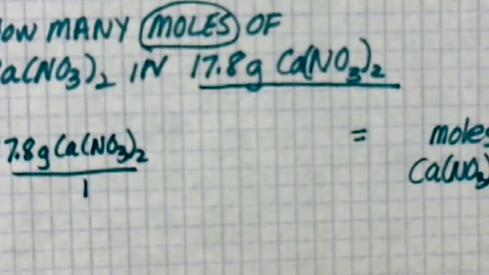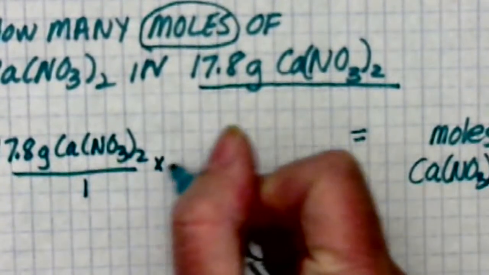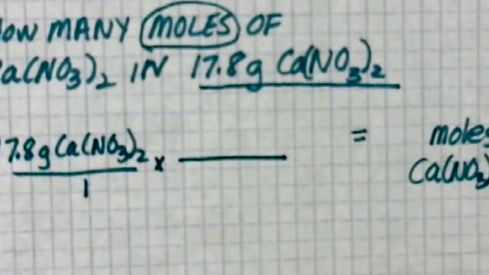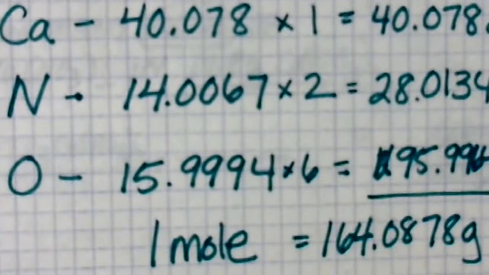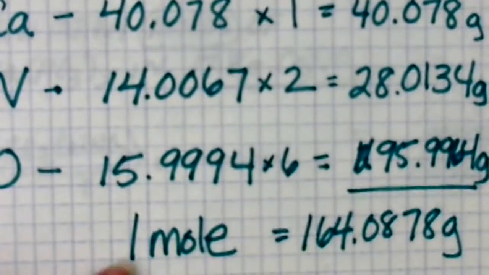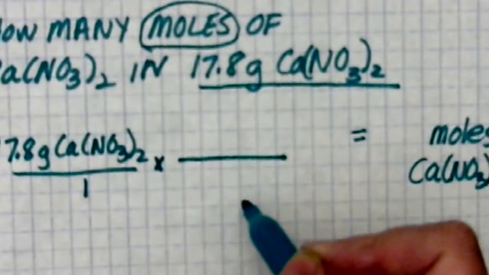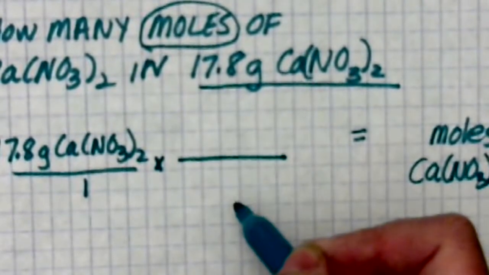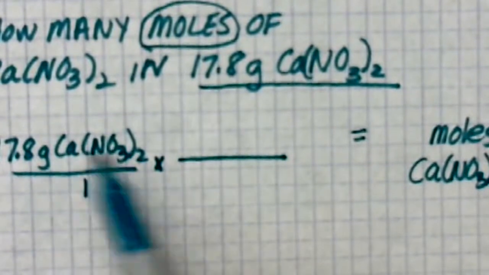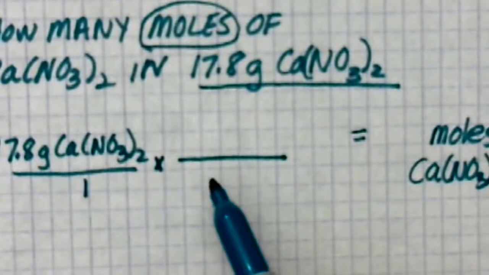And so we need to use the periodic table. And we just did that. We found out that 1 mole of calcium nitrate was equal to 164.0878 grams of calcium nitrate. So now I have to decide what goes on the top and what goes on the bottom of this fraction. So if I want to cancel grams, it's going to have to be on the bottom.